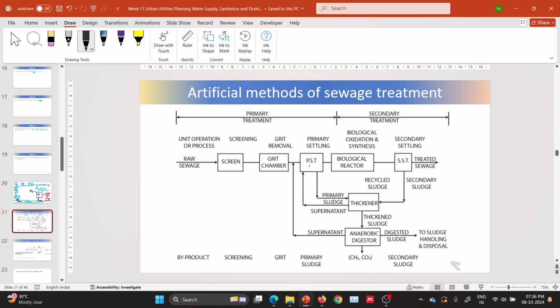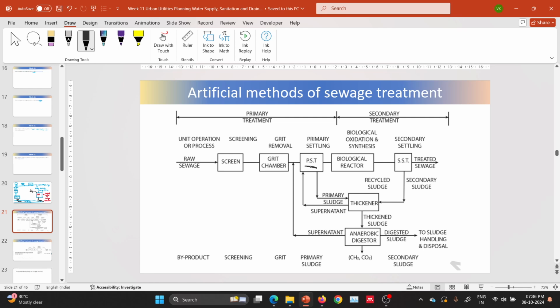Now the leftover suspended solids which are lighter will be settled in the PST. So the PST will remove mostly organic suspended solids. PST, the primary settling tank or primary sedimentation tank, will remove the light suspended solids which were not removed in the grit chamber.